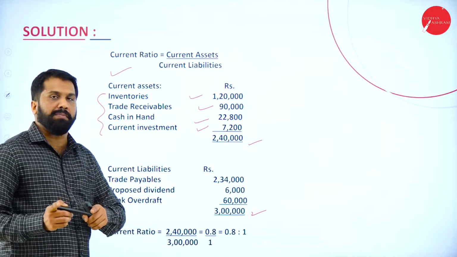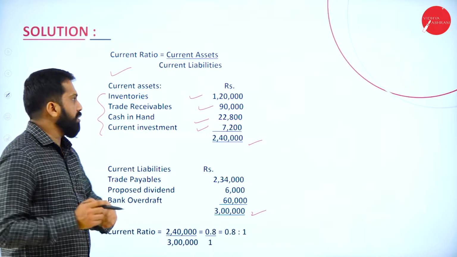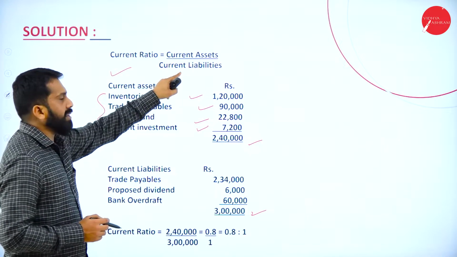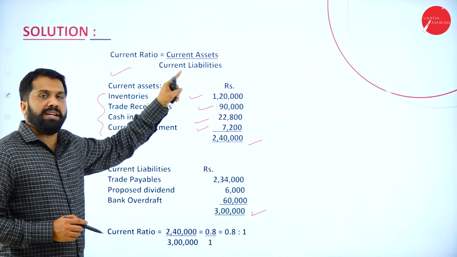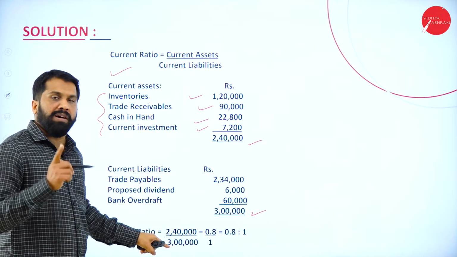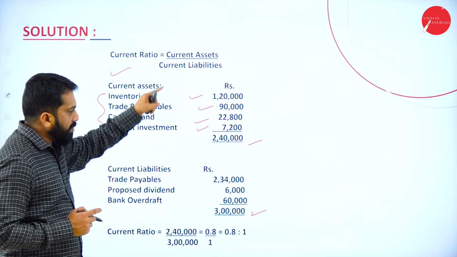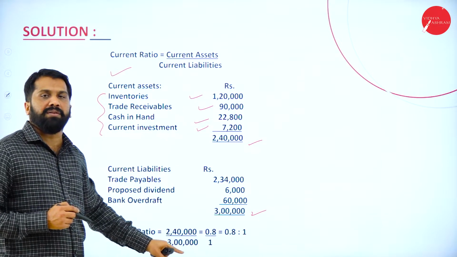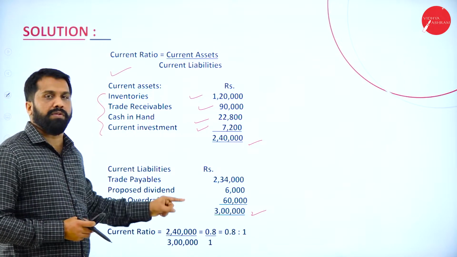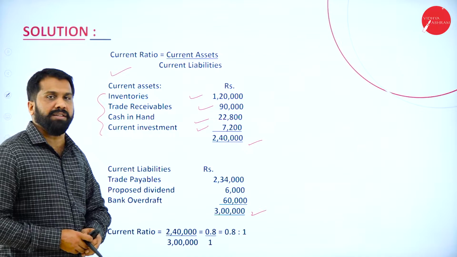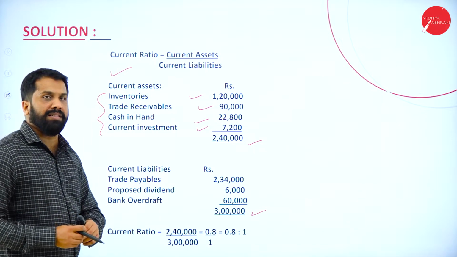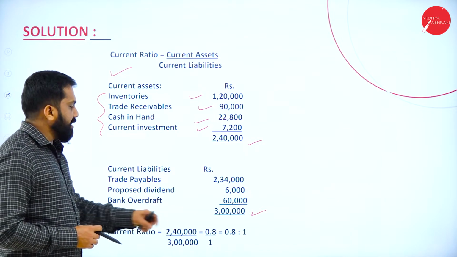Before this, remember, while writing your exam, you have to mention current ratio is equal to current asset divided by current liability. Without writing the formula, please don't go for your final answer. Once you show the formula, later you can do the working note and finally you can write your final answer. This is the proper procedure to follow in your examination. Now, 2 lakh 40,000 divided by 3 lakh, your answer is 0.8 is to 1.